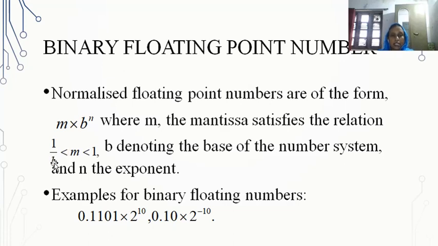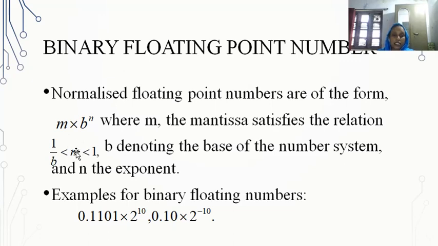Here b denotes the base of the number system. So, how many symbols are used? It is called base. In the case of binary system, b equal to 2. In the case of decimal system, b equal to 10.